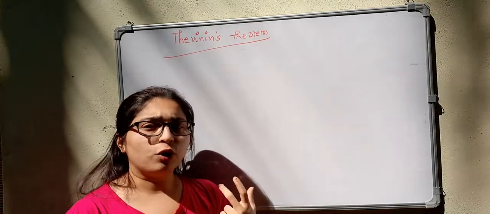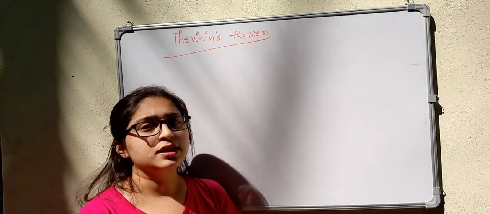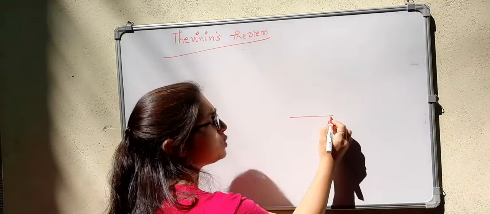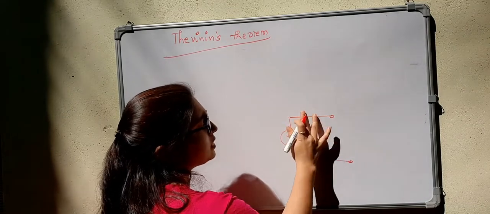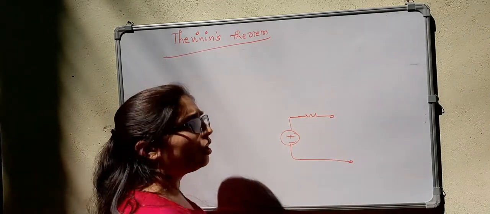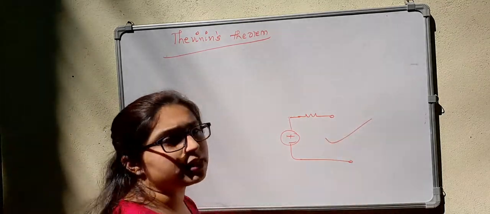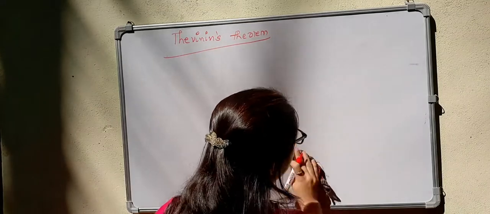So whatever the complexity of the network may be, we can replace it by the two terminal network, consisting of a voltage source and a resistance or impedance which is in series with it. We can replace it by this simple network, whatever the complexity of the network may be.